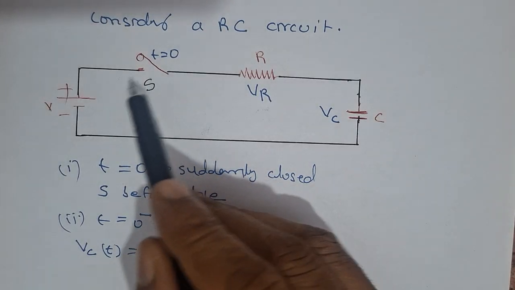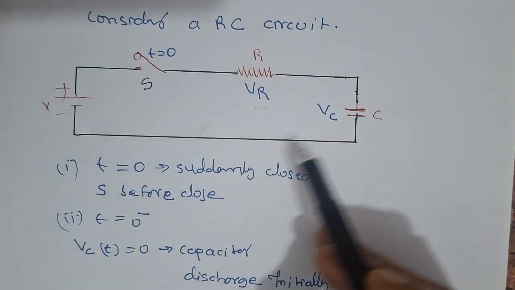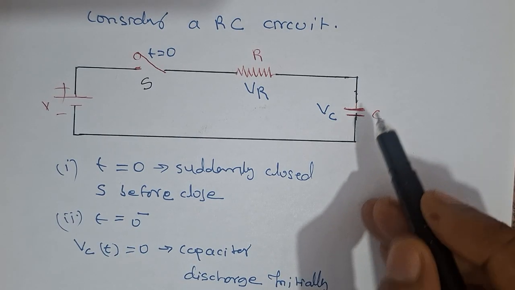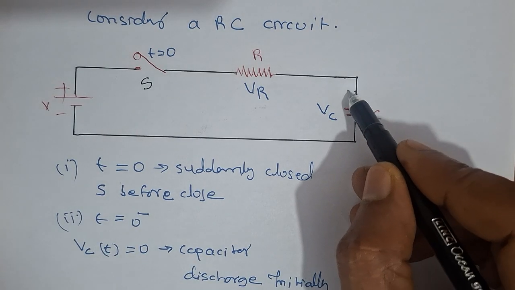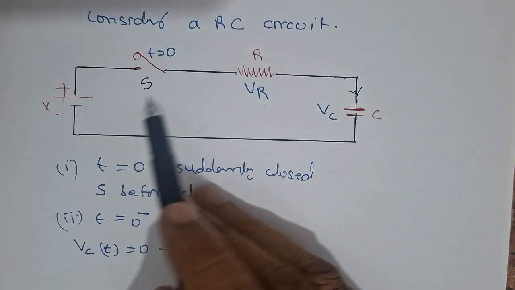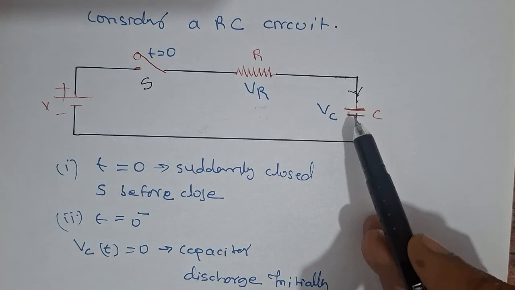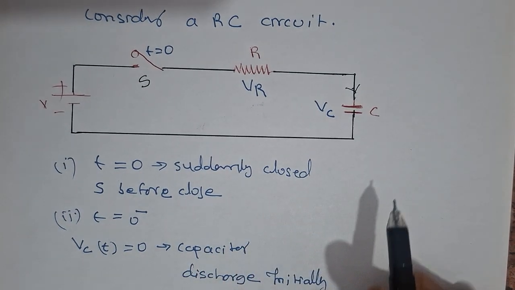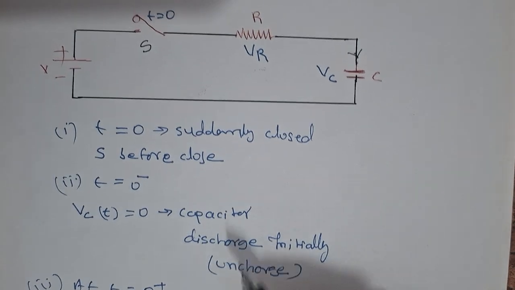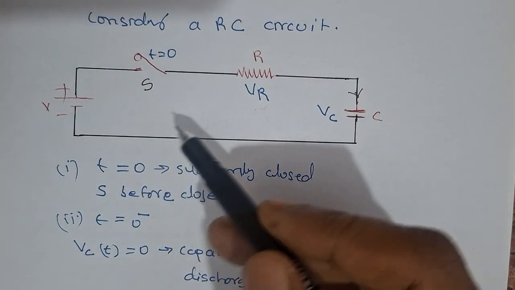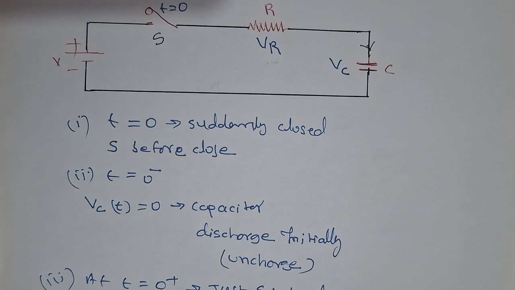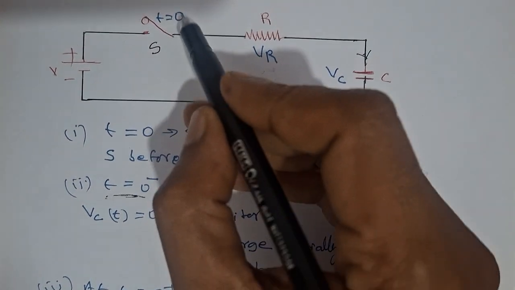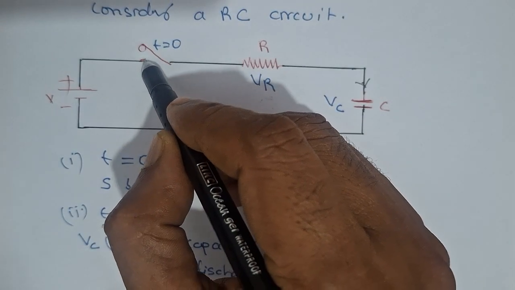Initially the switch is open, so no current will flow, and therefore the capacitor does not charge. It is in the uncharged mode, so we don't apply any voltage. For example, this capacitor is in the uncharged condition at t equal to 0. What happens at t equal to 0 plus and 0 minus? t equal to 0 minus is just before closing the switch.